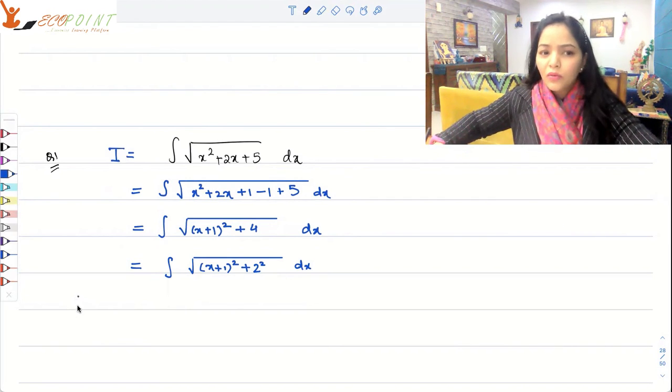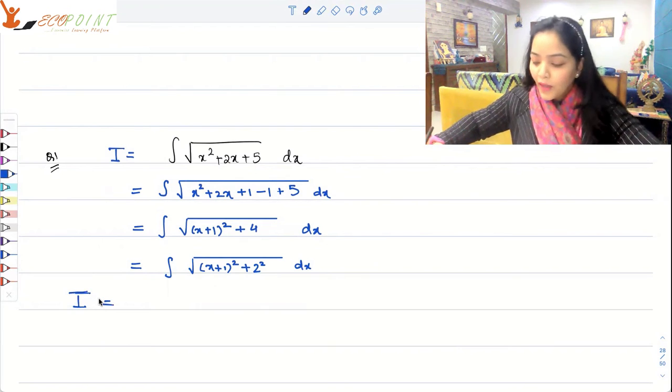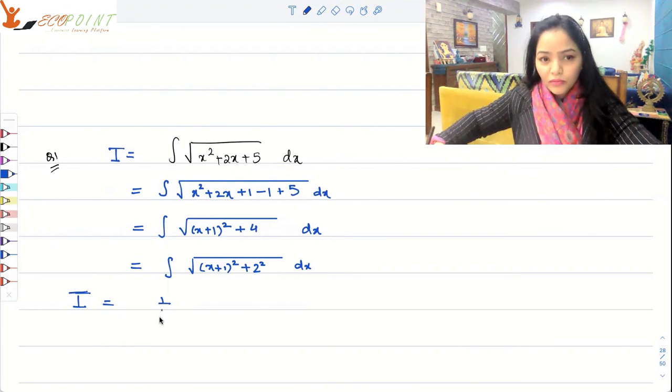We already know what this integral will turn out to be. We have solved it. And this integral will turn out to be 1 upon 2.